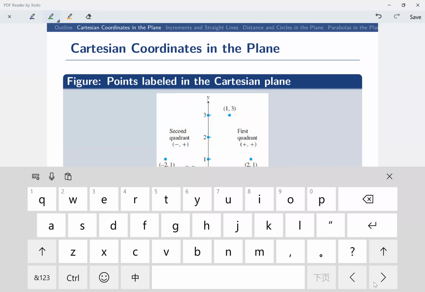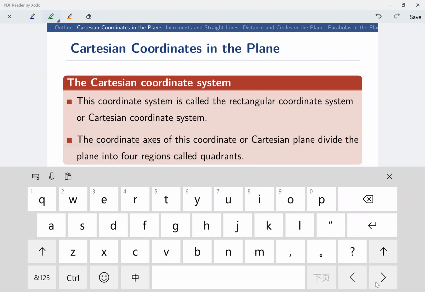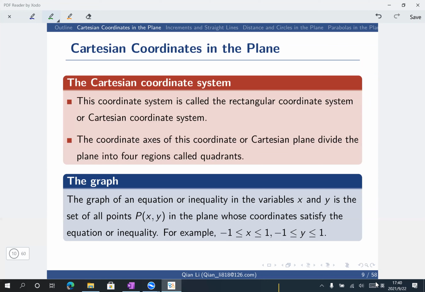The coordinate axes divide the plane into four regions, and we call these quadrants, and we have seen the four quadrants' properties.